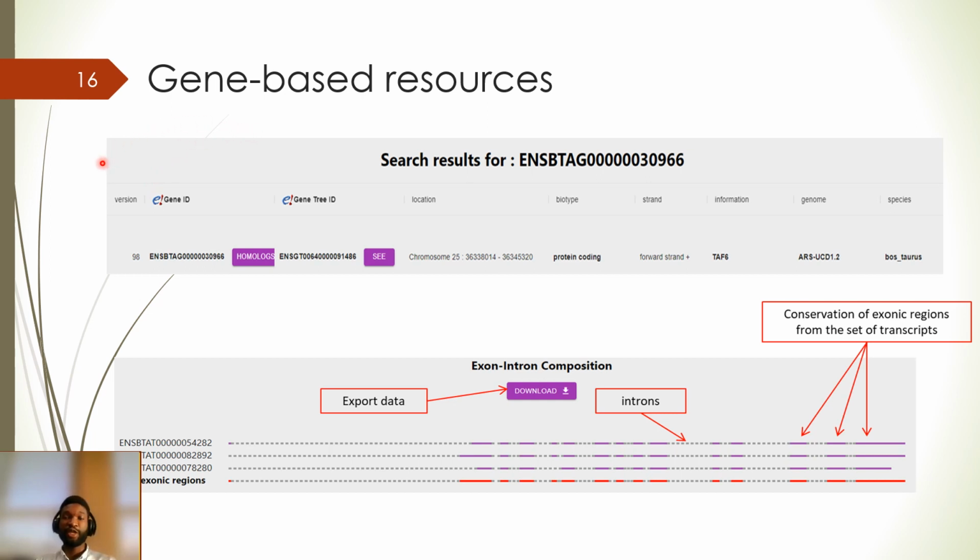Indeed, we can retrieve the gene tree and all information about homology between genes, like I mentioned in my previous slide. We can see here the exon-intron composition of all transcripts produced by a given gene, and TranscriptDB highlights the conserved exonic regions in red here. Also, the data can be exported.